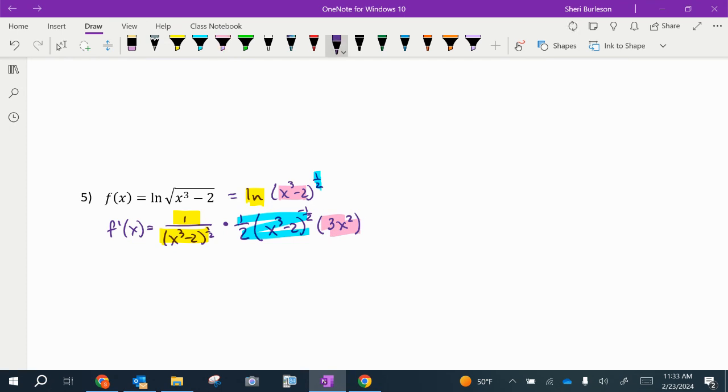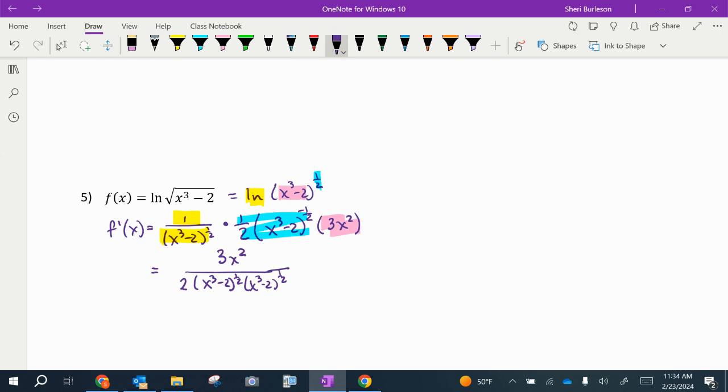And then when I start simplifying that, in my numerator I have a 3x squared. In my denominator, I have a 2 times (x cubed minus 2) to the 1/2. And then this (x cubed minus 2) to the negative 1/2 should be in the denominator.